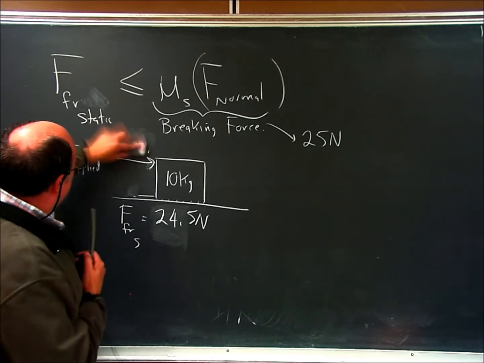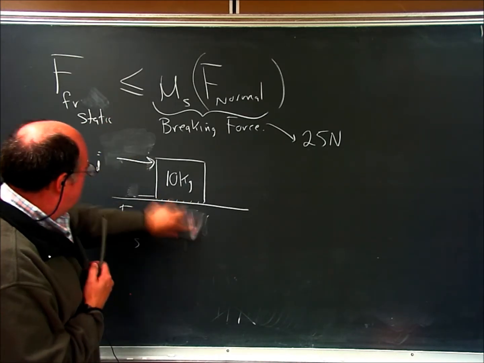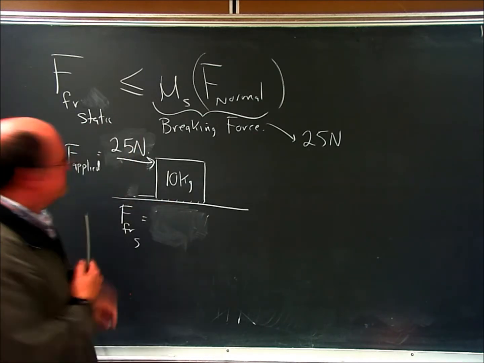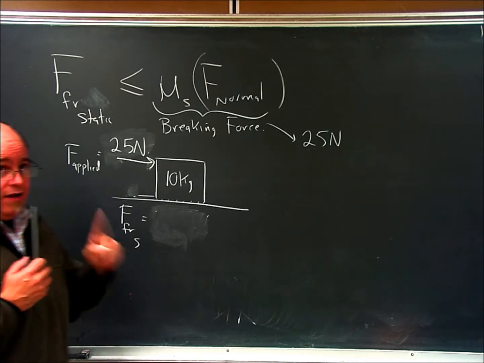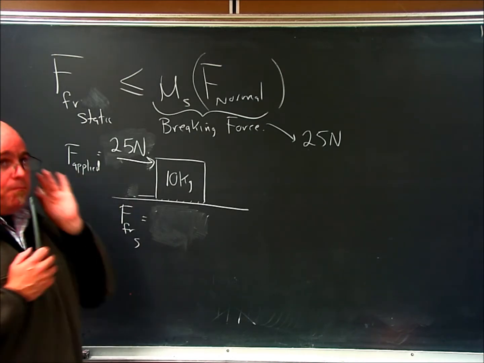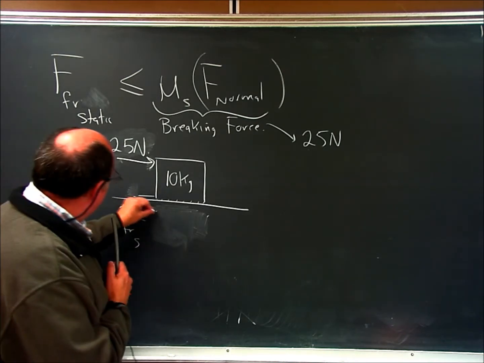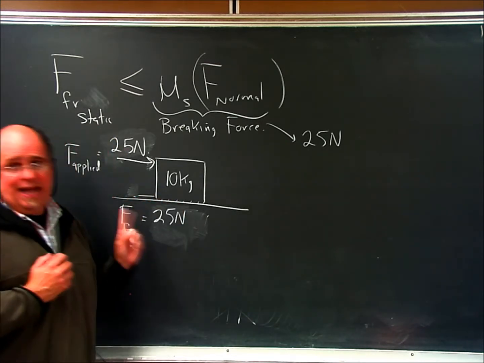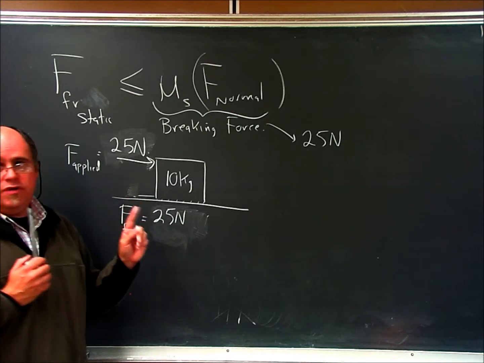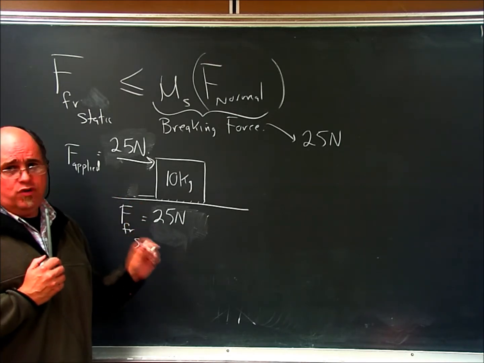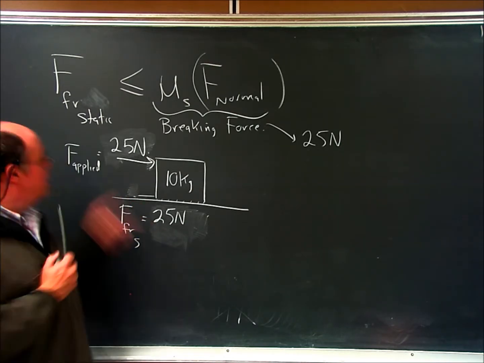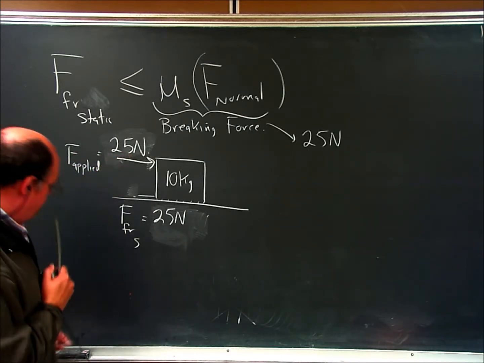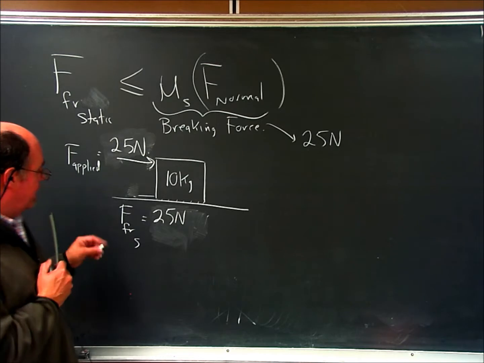So if I push this thing at 25 newtons, then at that particular moment, the frictional force would be 25 newtons, but it won't maintain this, because 25 newtons is the force needed to break it free. So if we apply 25 newtons to it, it will snap free, and if it snaps free, it's no longer static.